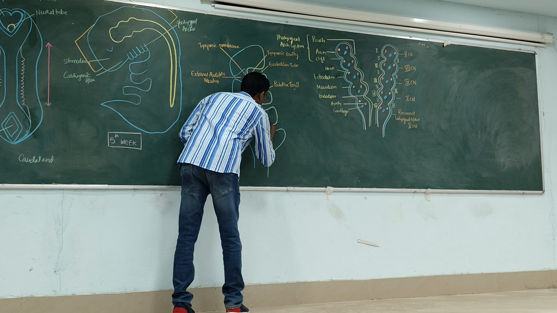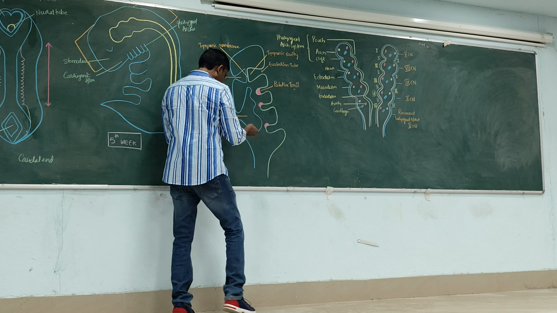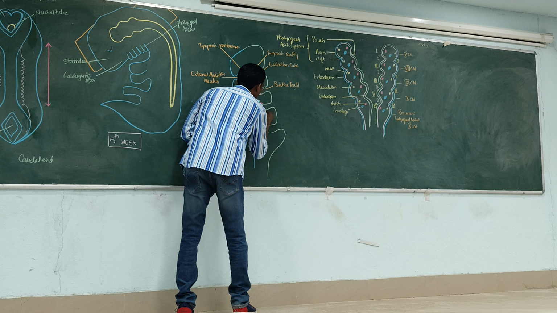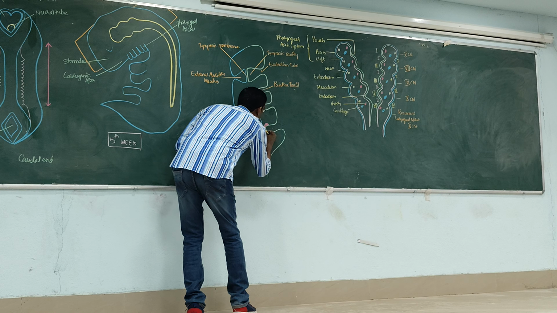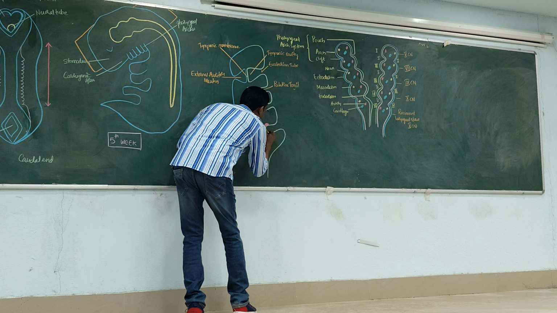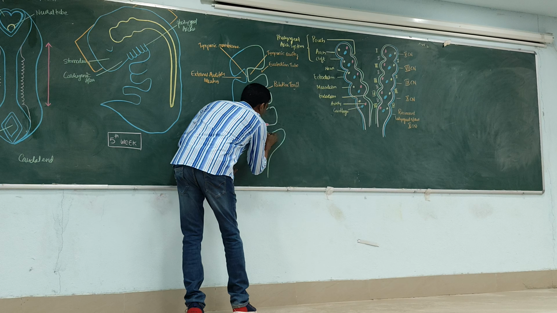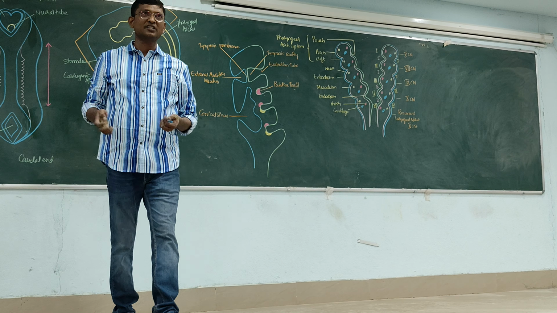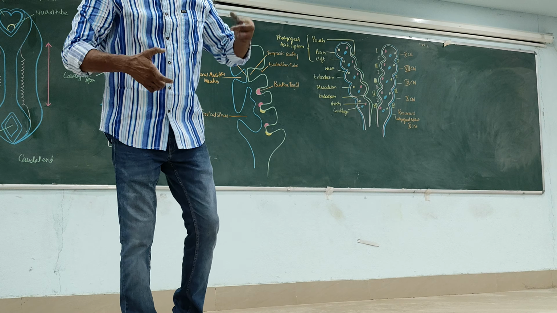And I will also keep the ventral expansion of the third pharyngeal pouch. I will use a better yellow color. This is the ventral expansion of the third pharyngeal pouch, and this is the ventral expansion of the fourth pharyngeal pouch. So in this way, the third and fourth pharyngeal pouches have expanded dorsally and ventrally.